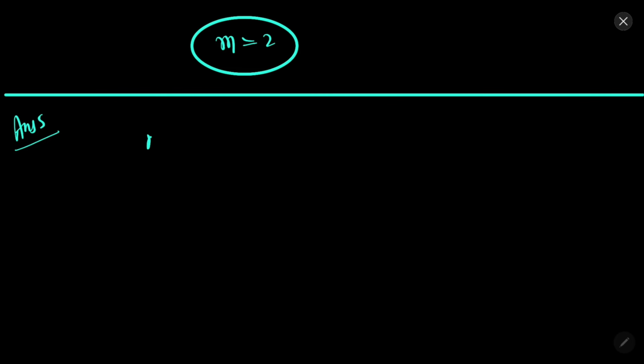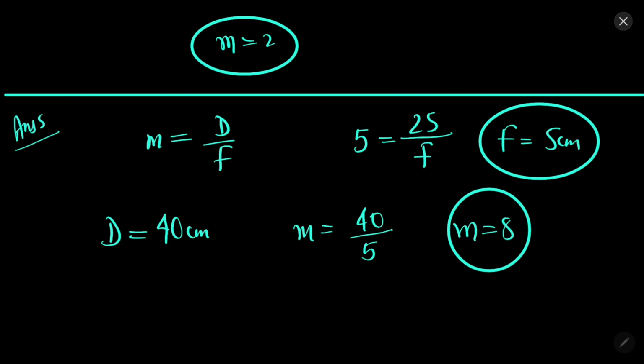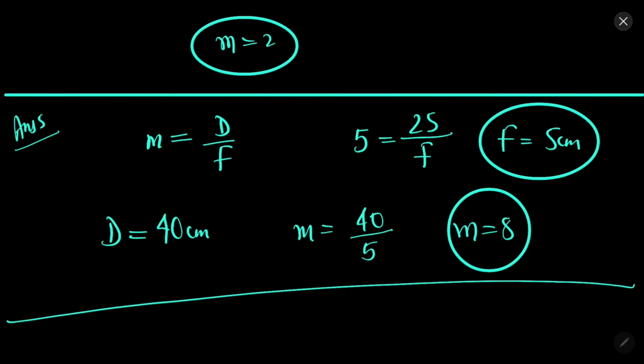So when image is at infinity, the magnification is obtained by the formula d by f. m is 5, that is given, d is 25, it is fixed, so we can find f easily, which will be 5 centimeters. Now for the relaxed eye, in the second situation, d is equal to 40 centimeter. So it will be 40 over 5, so magnification will be 8. So here the magnification will come out to be 8x or 8 times.